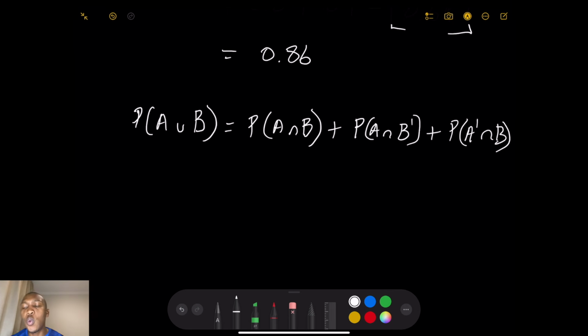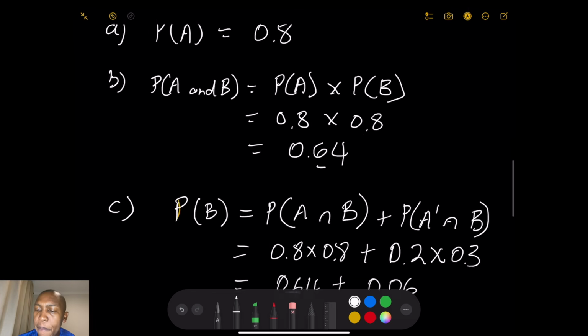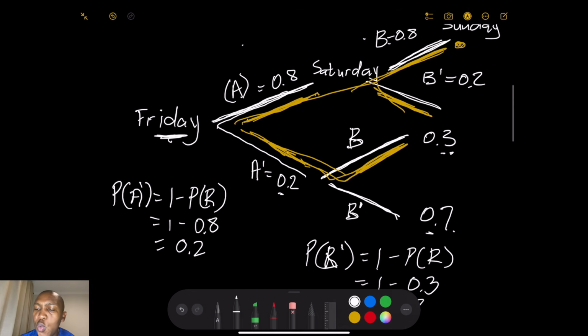Okay, so the only one that is excluded there is if it does not rain at all on both days, right? So we can say, well, in this case, remember that was 0.8 multiplied by 0.8, plus in this case we had 0.8 multiplied by, if it does not rain on Sunday, I think that was 0.2.